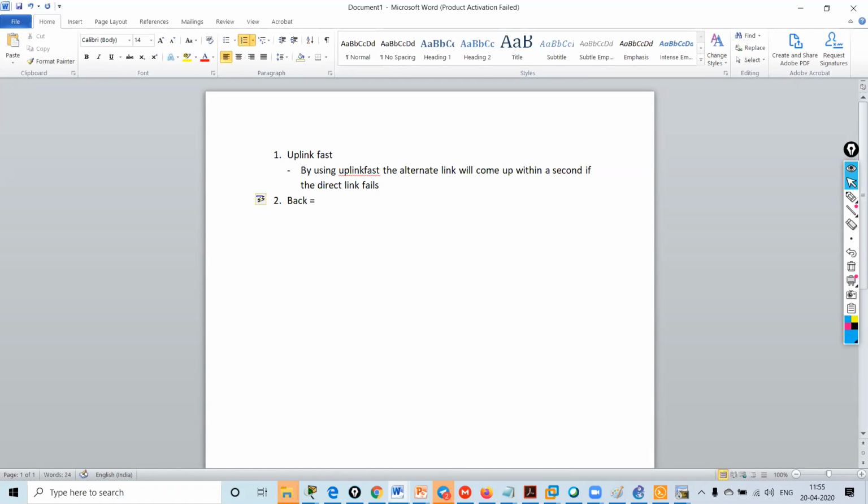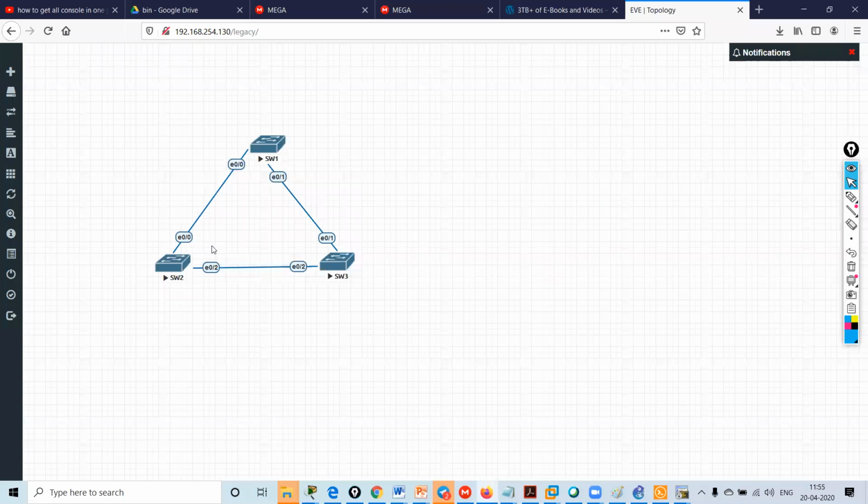Sir, if there is more than one indirect link, the shortest one will be the alternate link, sir. Sorry, I didn't get your question. One or more than one indirect link. If switch 2 is connected to switch 4, and switch 4 is connected to switch 3, like this.